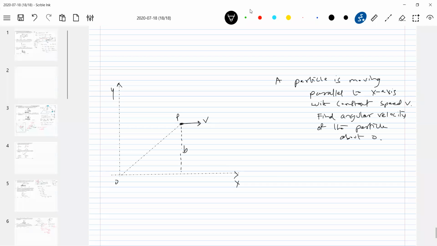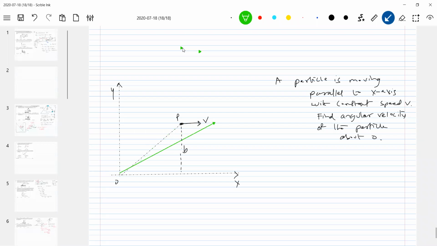Is it anywhere a circular path? We are not seeing one, but the particle about the origin will have angular velocity. Actually, it happens like this. If you see here, after some time the particle P is here.